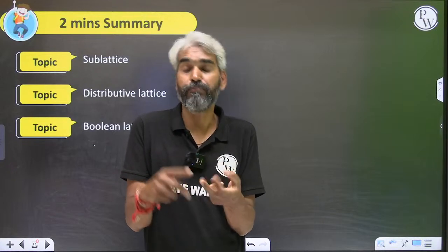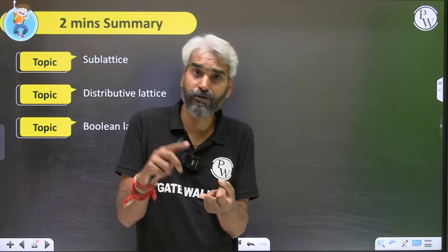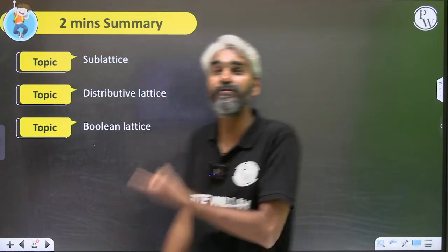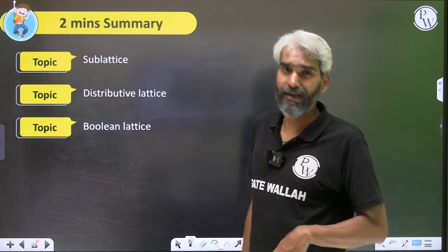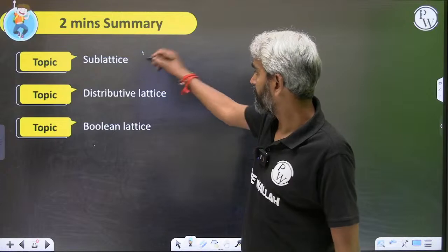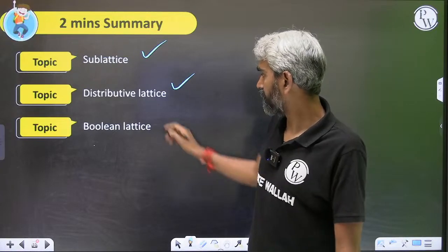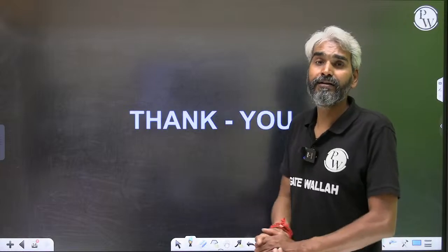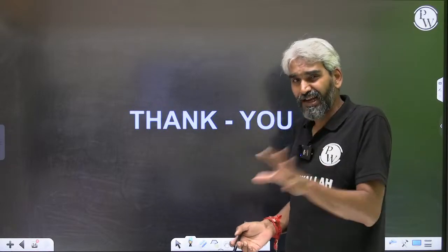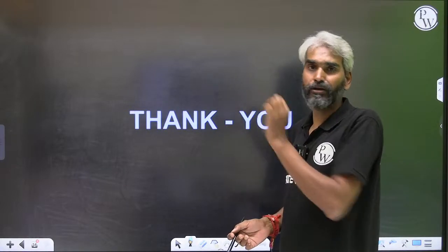Based on poset, we have understood the concept of lattice, and defined different types of lattices. We have also understood the concept of complement of an element in a lattice. Today we have understood sublattice, distributive lattice, and Boolean algebra, and with that we end the first part of the first chapter of set theory and algebra.